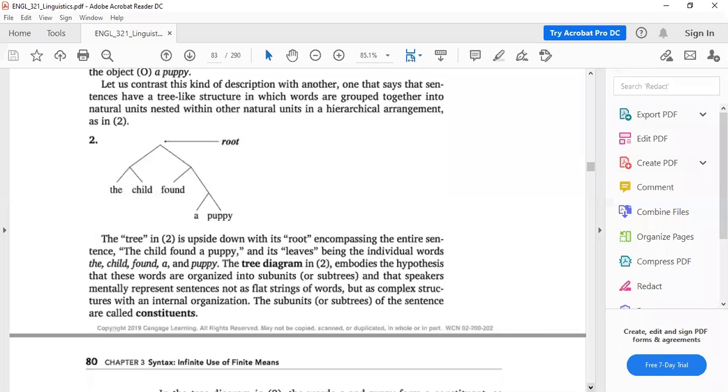No, Chomsky said that sentences are not ready-made in our minds. Sentences come in the form of chunks. You know the meaning of chunks?